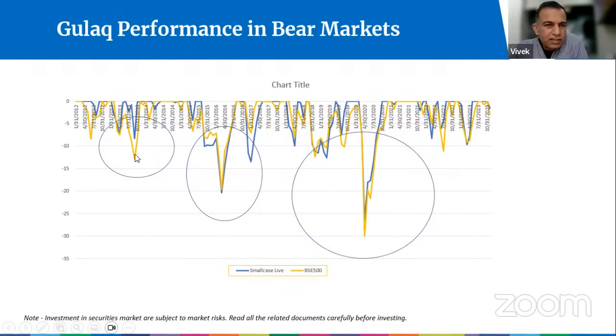As you can see, in this specific drawdown, we had slightly less drawdown than BSE 500. BSE 500 fell about 12, 13%. We fell about 8%. So we did better here. In this, it was almost the same, 20%. And here also we did slightly better, right?